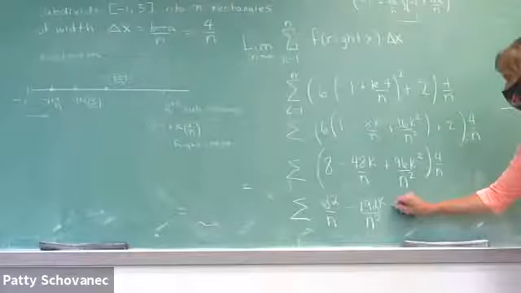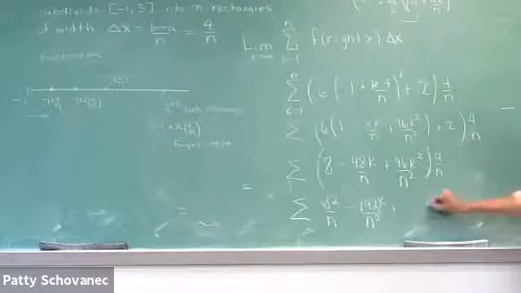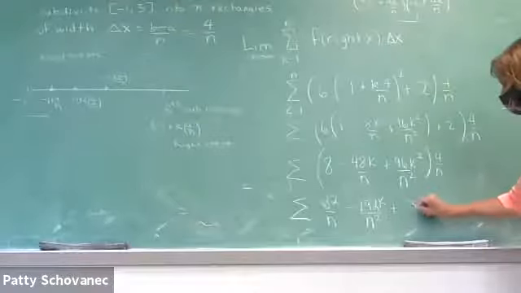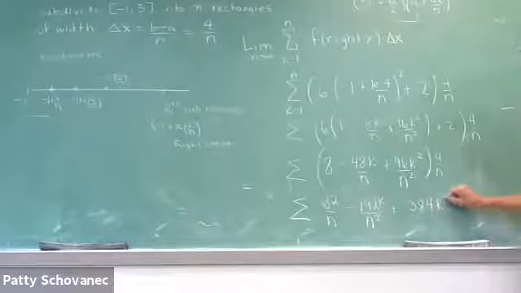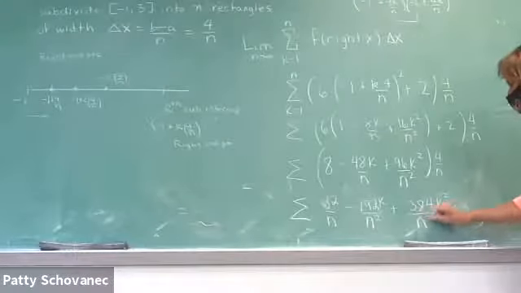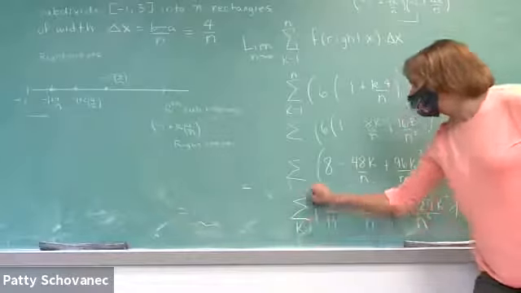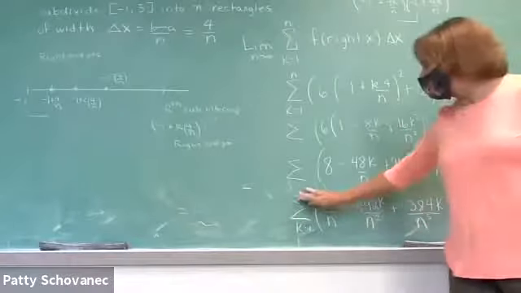And then 4 times 96, 4 times 6 is 24, carry the 2. 4 times 9 is 36, plus the 2 gives me 38, k squared over n cubed. This sum is on k, I'm going to n, and then I'm going to take a limit.